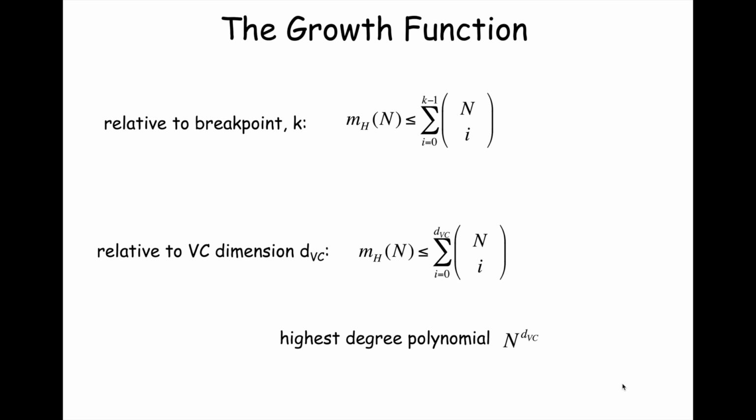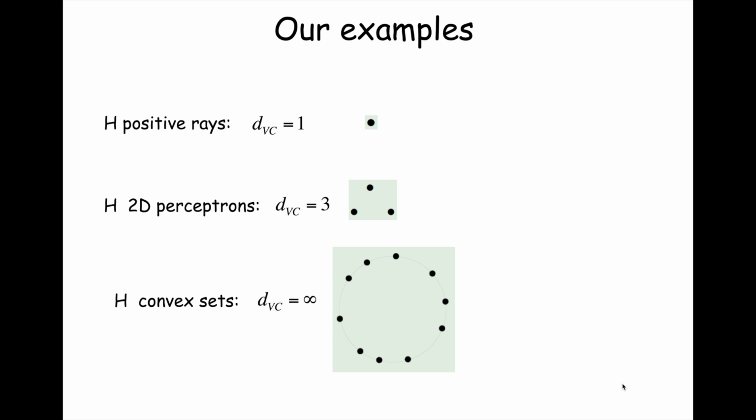So from before, if you expand out what n choose i is, and you look at the upper bound of this summation, it will be n choose d_VC, and that is certainly an expression that's polynomial, where the degree is d_VC, polynomial in the size of the data set, the number of in-sample points. Okay, any questions about this? All right, does that make sense? Okay, so that's our growth function as it relates to d_VC, our VC dimension.